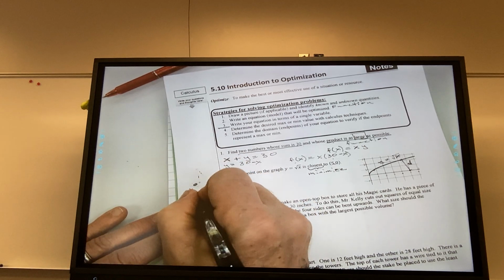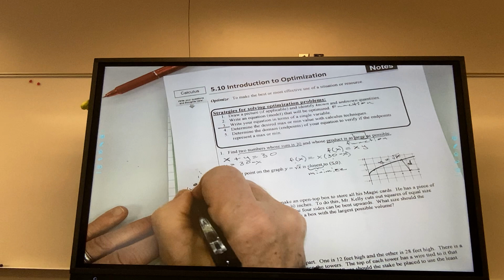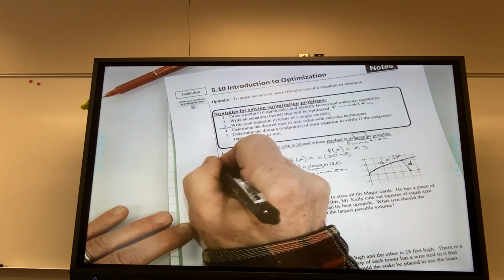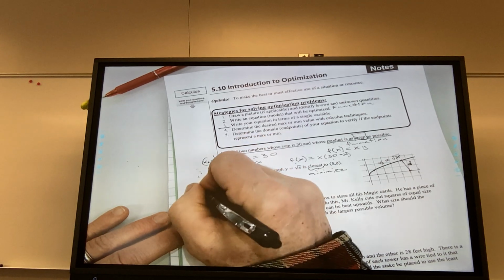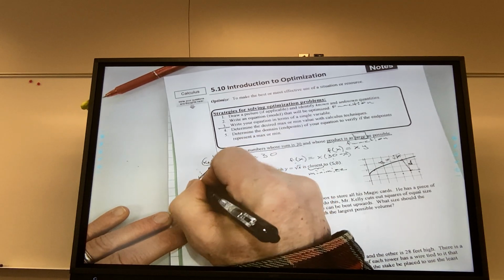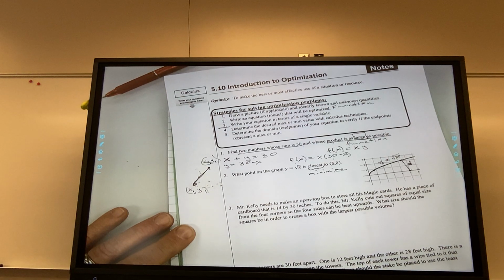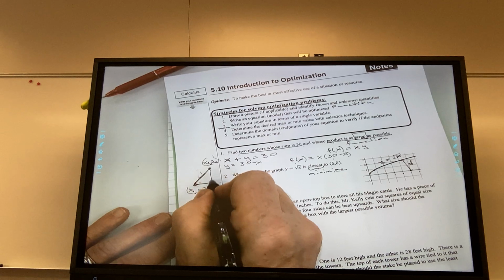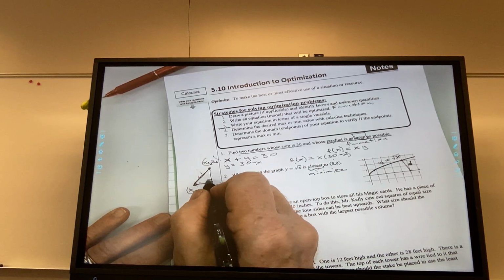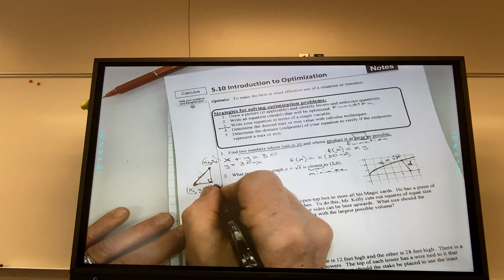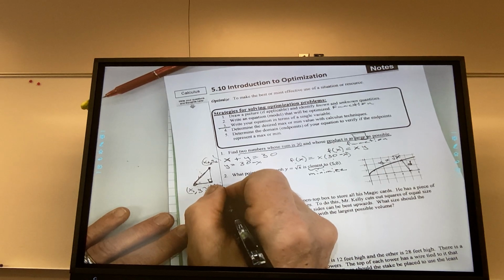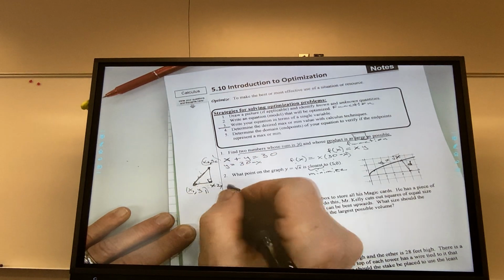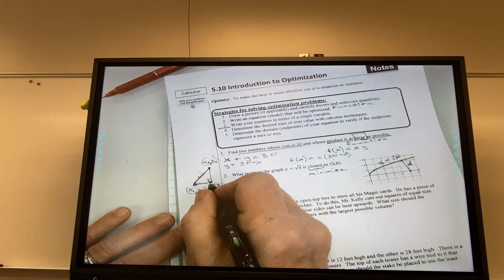This is x1, this is y1. This right here is x2, y2. And I want to know this distance. That distance is a hypotenuse. I have to make a right triangle out of this. And this point is x2, y1, because it's directly below this, and directly across this.